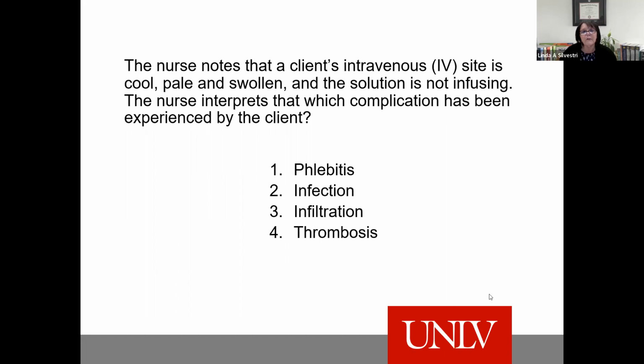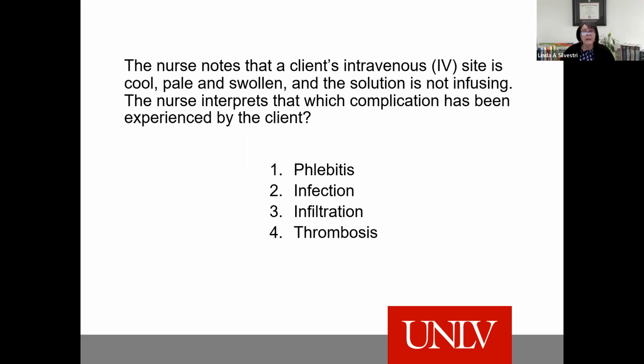Okay, 89% of you said infiltration, and that is definitely the correct answer. Some of you selected phlebitis, and some of you selected thrombosis, and no one selected infection. So that's great. With infiltration, what you want to remember is the IV fluid actually has seeped into the tissues because the IV catheter is no longer in the vein where it's supposed to be.